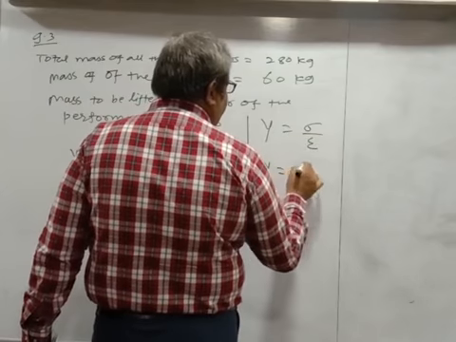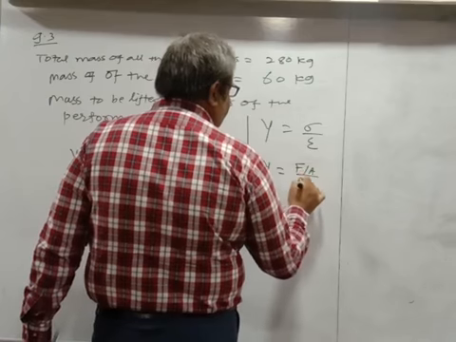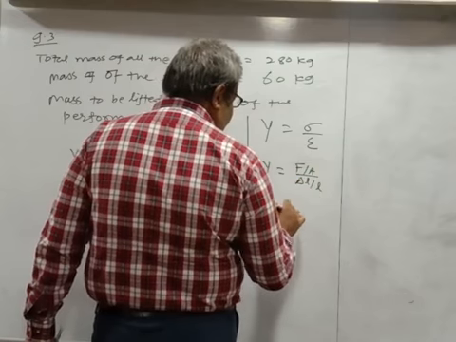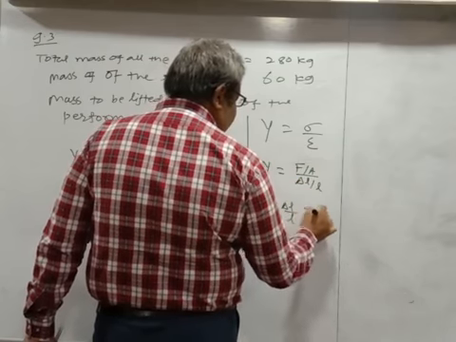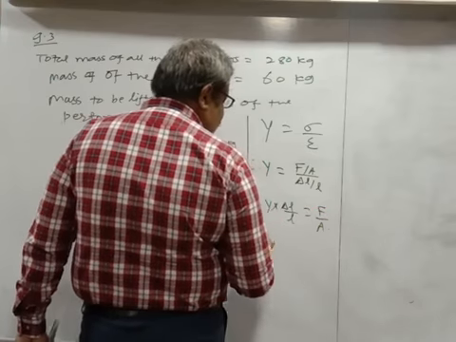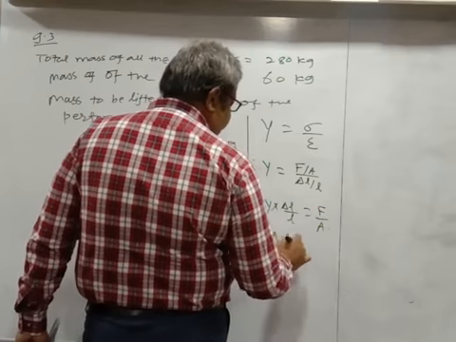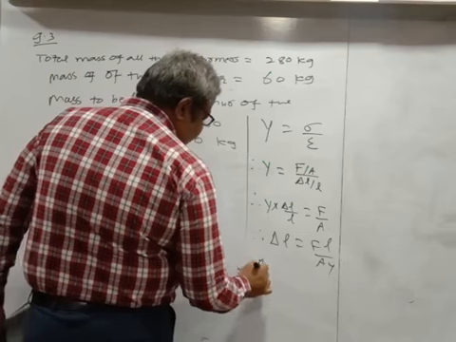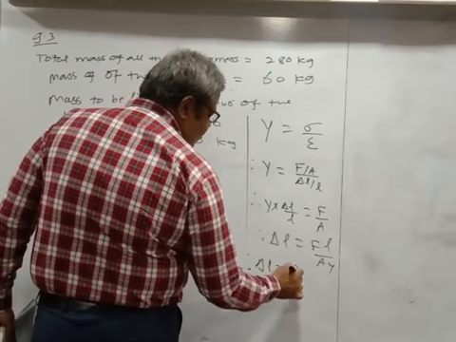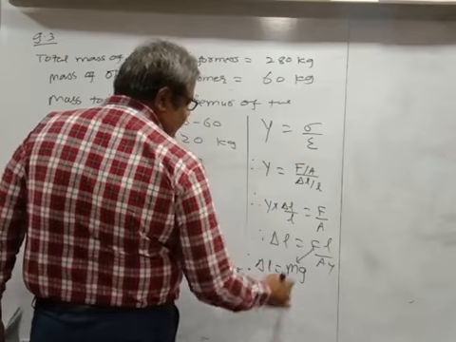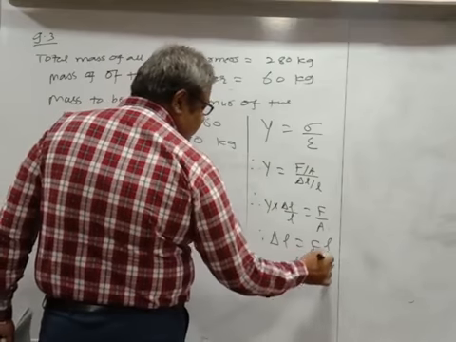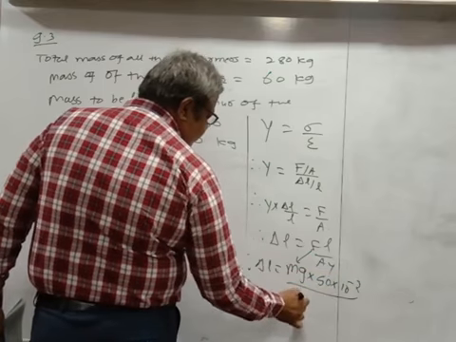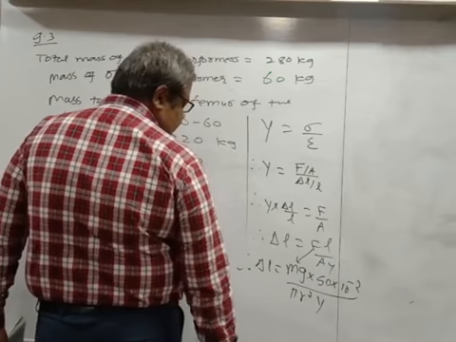So y is equal to F by A into delta L by L. So y into delta L by L is equal to F by A. So here delta L must be written as FL upon A. Now put all the values, that is delta L is equal to F. F must be written here as mg. And here 50 into 10 raised to minus 2. Now A must be pi r square into, we can say, y.